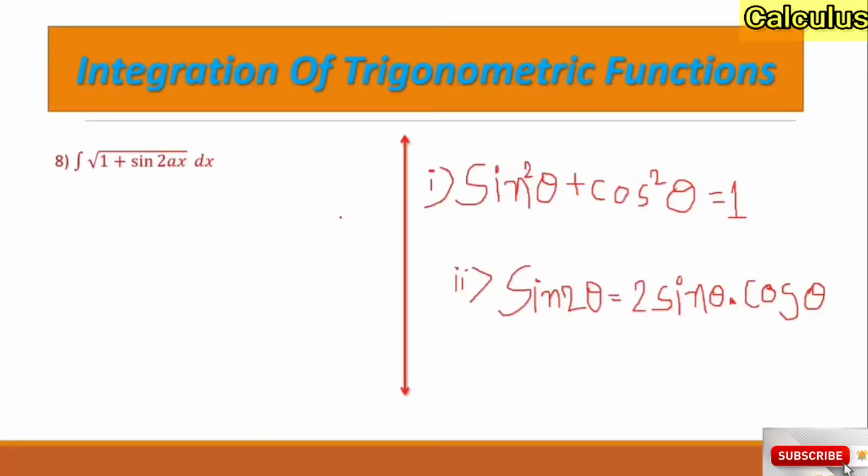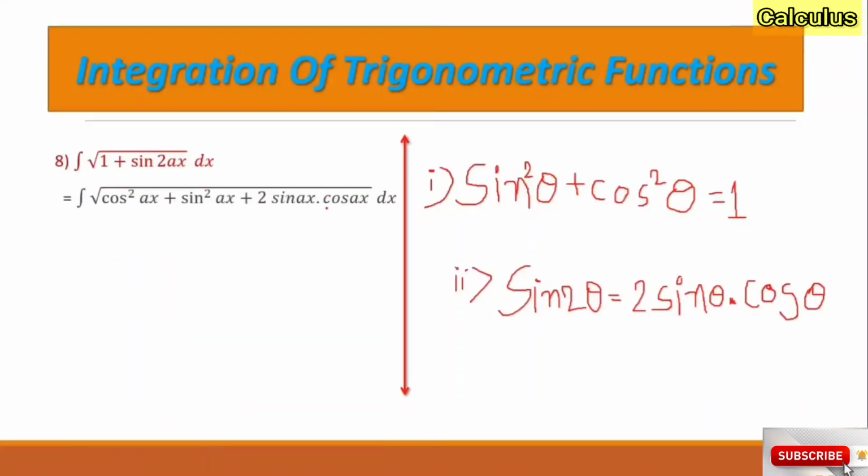Question number 8, we have integration root over 1 plus sine 2ax dx. That becomes integration root over cos square ax plus sine square ax plus 2 sine ax dot cos ax dx.